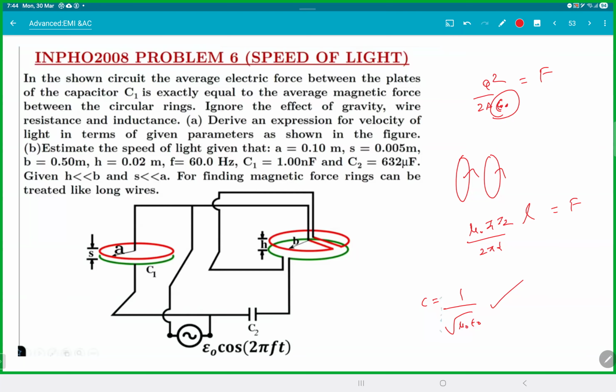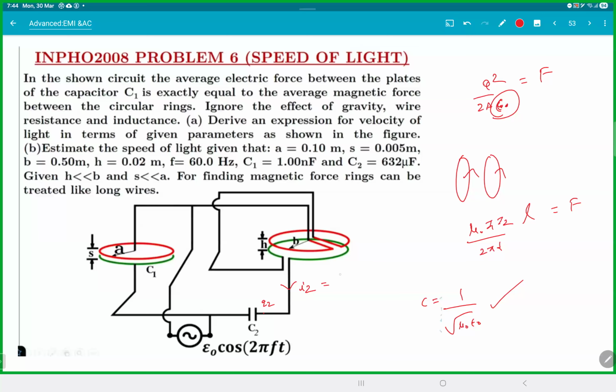I need to find the current there. The capacitor part is fine. Current: actually, if you see, there's one more capacitor sitting here. That is what is giving the current. The wire by itself does nothing for the current. This C2 is sitting there, so this current I2 here is because of this guy.